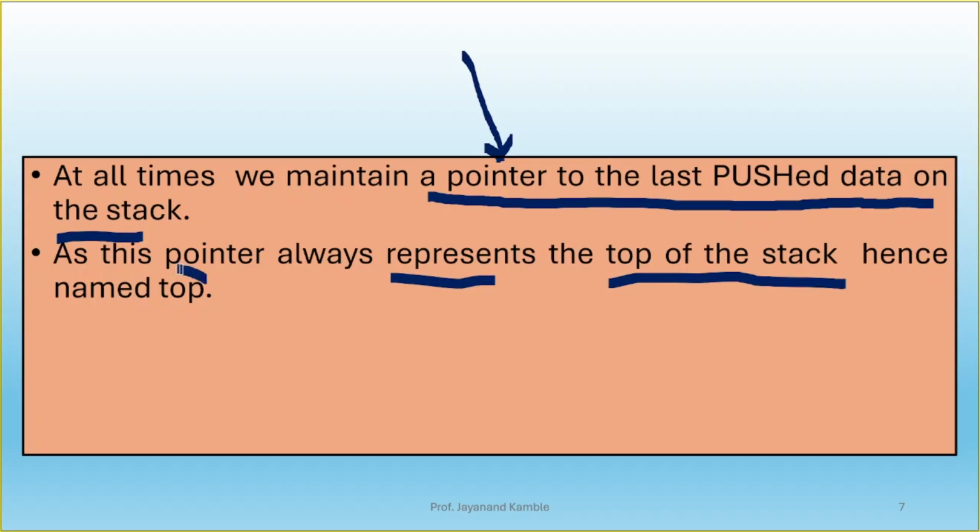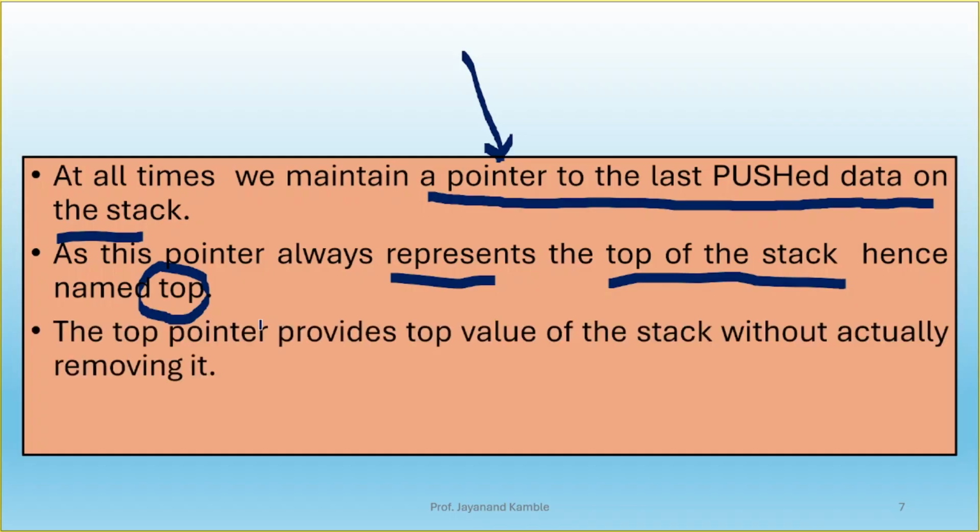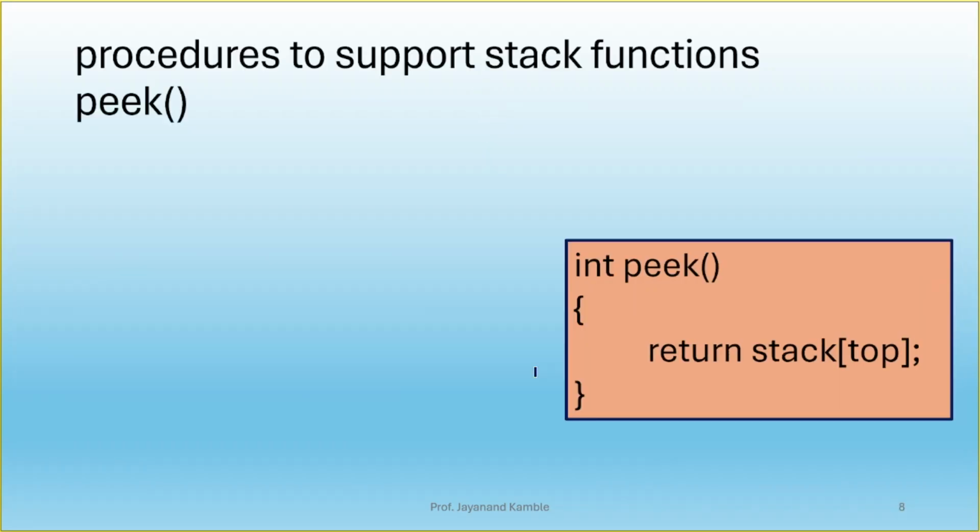So we are giving it the name top. The top pointer provides the top value of the stack without actually removing it. So when we want to see the value of the top, it is going to give us the top element of the stack, right? So no need to actually remove it from the stack. We can directly get the value of the top element of the stack.